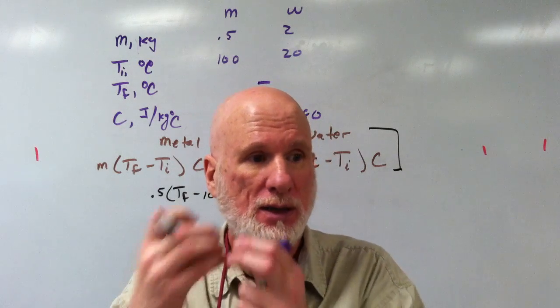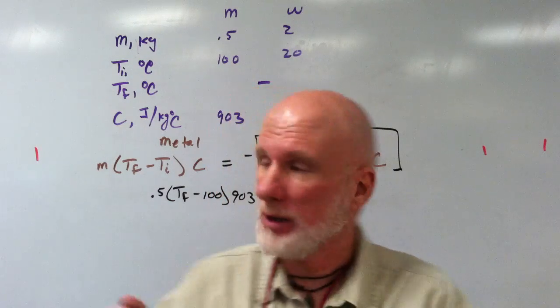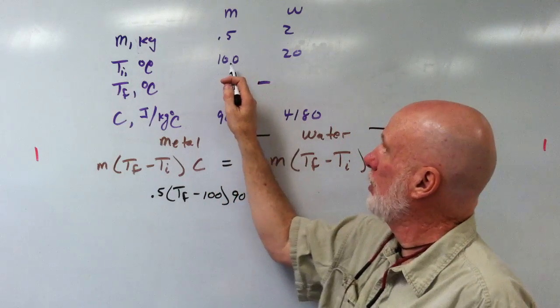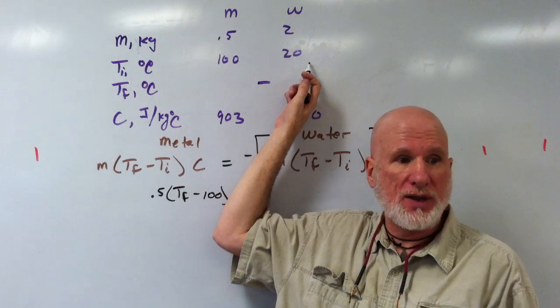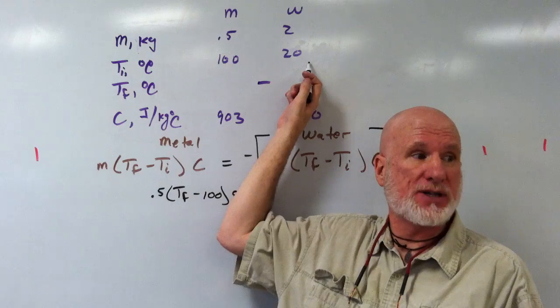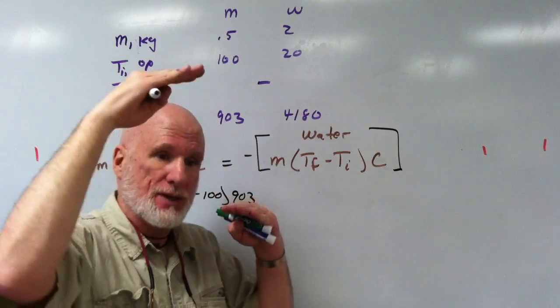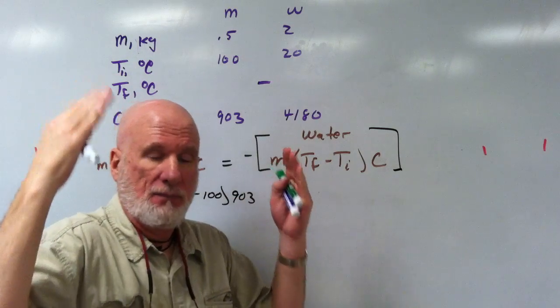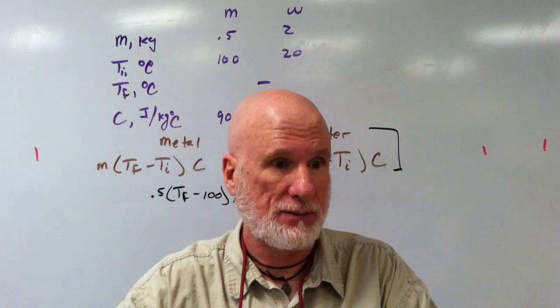So I'm going to boil a certain mass of aluminum in water, and I'm going to put it in water with an initial temperature of 20 degrees Celsius, correct? Now, the temperature of the water will increase, correct? And the final temperature of the water will be the same as the final temperature of the metal.